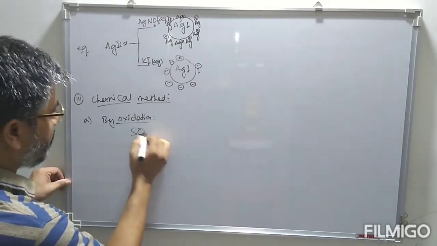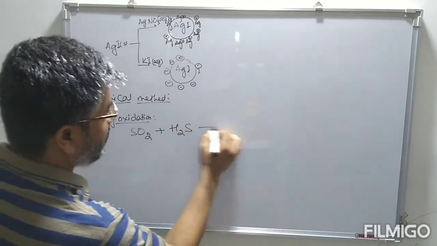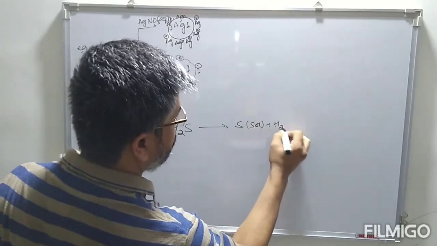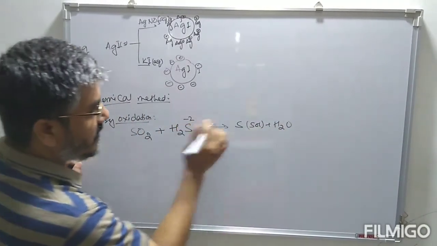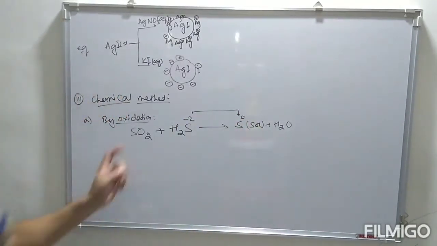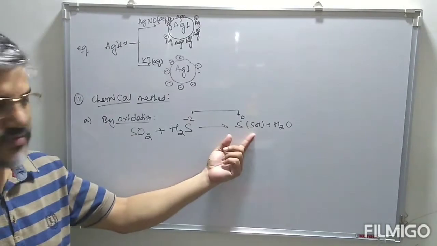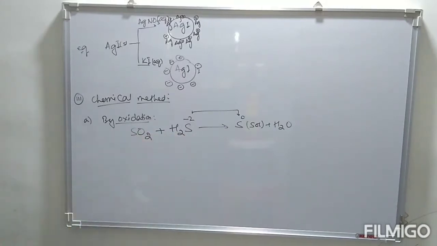look at this, we have sulfur dioxide plus H2S, which gives you sulfur sol plus H2O. Look at this, this was sulfide ion. Now sulfide ion is oxidized to 0 by the sulfur dioxide. So this is how sulfur sol is prepared from hydrogen sulfide and sulfur dioxide.